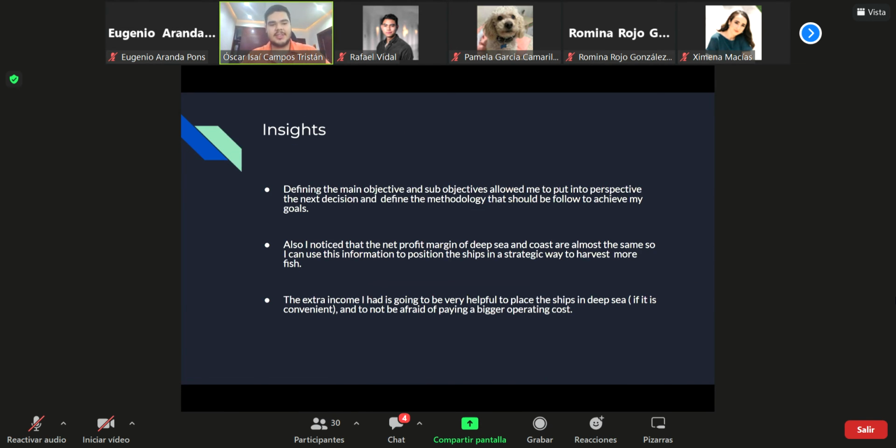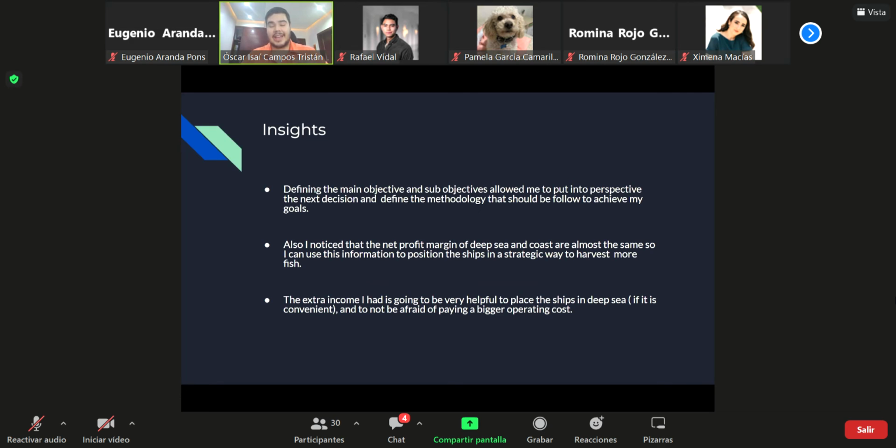My insights. The first insight is that defining the main objective and sub-objective allows me to put into perspective the next decisions and define the methodology that should be followed to achieve my goals. And also, I noticed that the net profit margin of the deep sea and coast are almost the same.